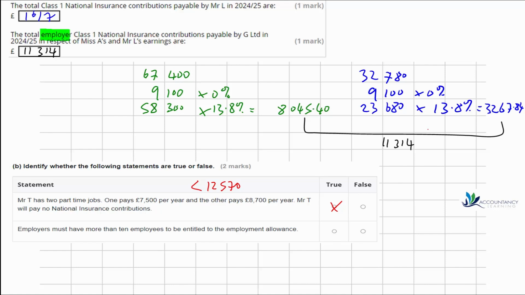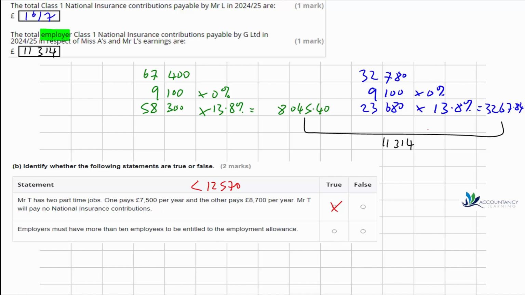But there are some exceptions. If we have a company with just one director and no other employees, then that company cannot claim the allowance. Also, if they have national insurance liabilities of more than £100,000 in the year before the claim, then you can't have the employment allowance either. So if you're a really big company, then you can't use this allowance.